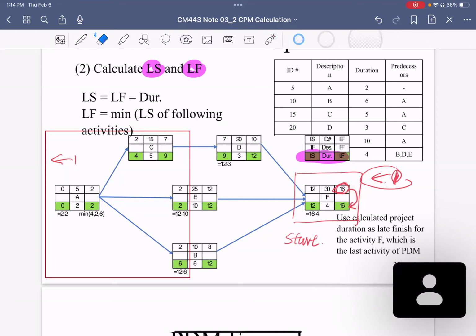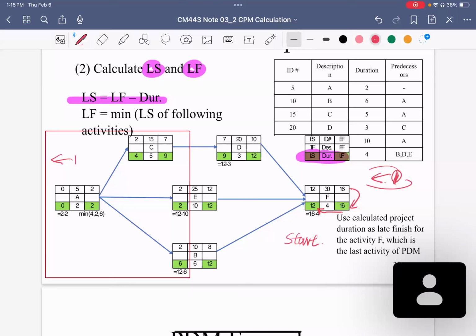Once we know the late finish time for F, we can determine the late start time for F using the equation from here. So 16 minus 4, you get 12. That is how the 12 comes from.